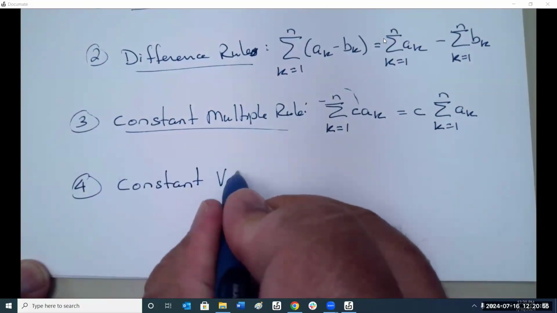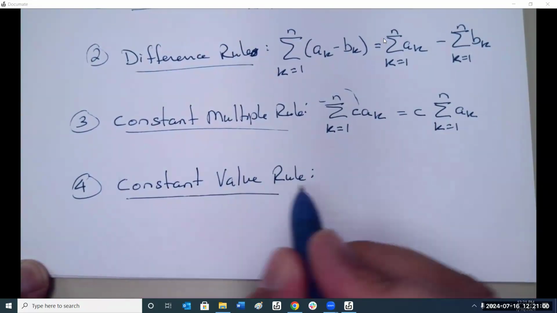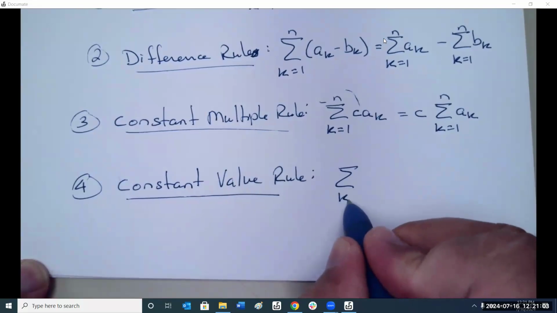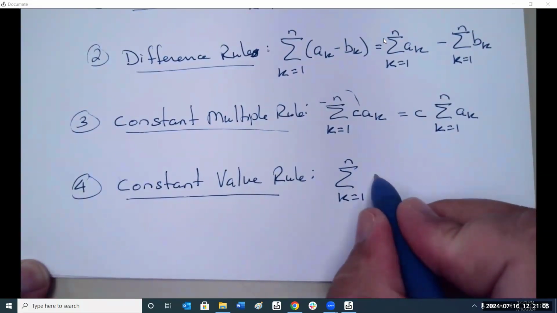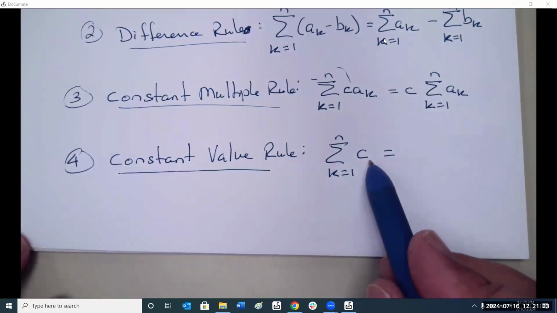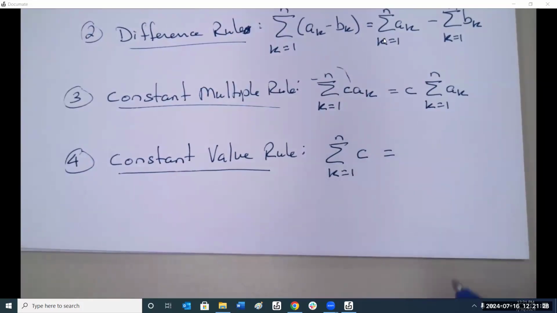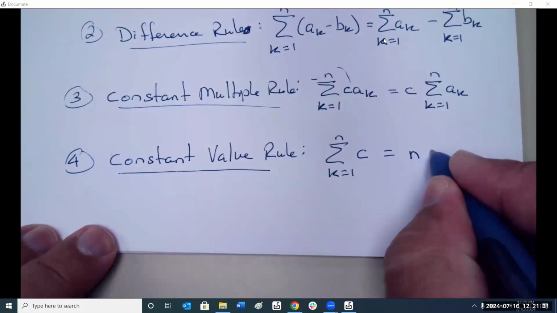The constant value rule goes straight from the basic rules of elementary school math. Multiplication is simply the addition of the same number over and over. So it says if I have C and I add it together n times, it becomes n times C.